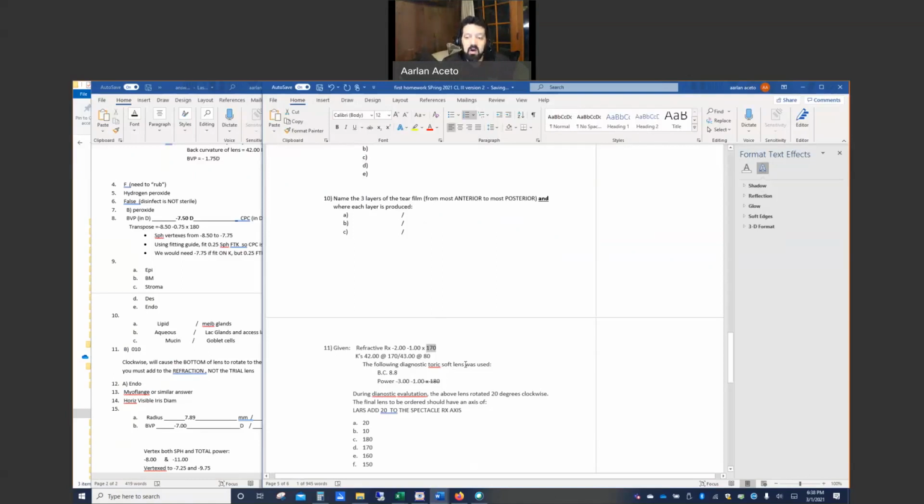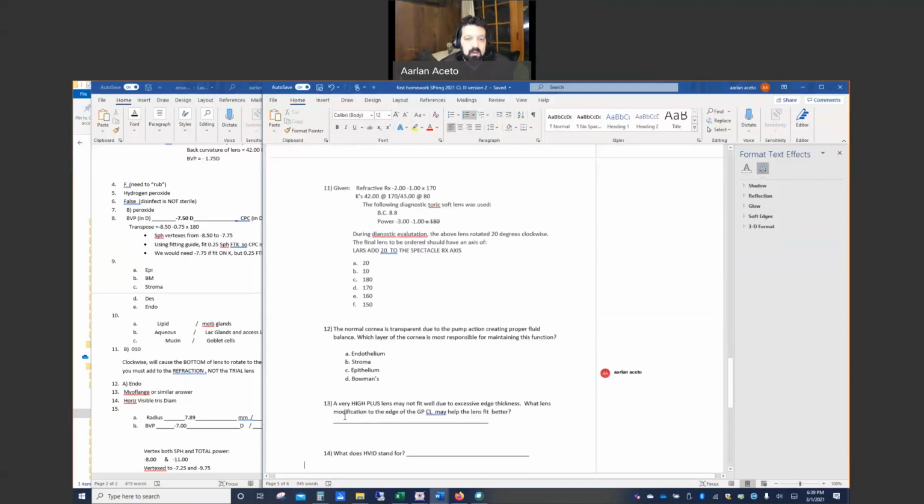If we continue to go, it would be 190, but there is no 190. It circles back around, and the answer would be 10. 170 plus 10 is 180, plus another 10 gives you 10, because there is no 190. So the answer is B, 10.